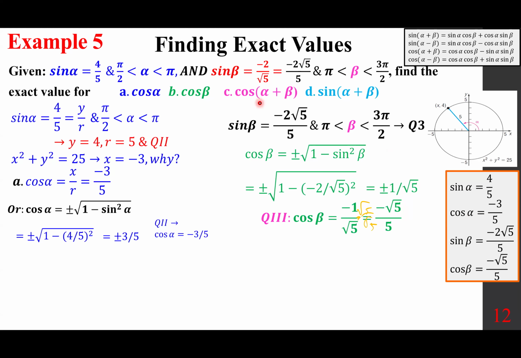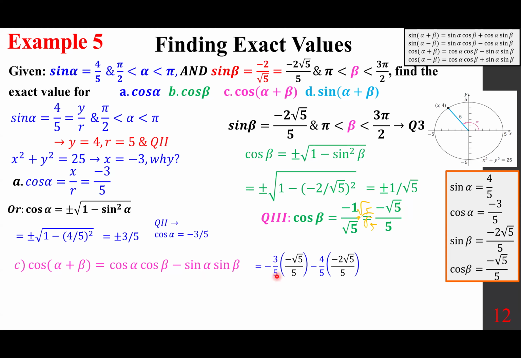So this is the summary of what we've done, and now we are ready to move on to the next one. Cosine of alpha plus beta is cosine alpha, cosine beta minus sine alpha sine beta. So plug in cosine alpha negative 3 over 5, cosine beta negative square root of 5 over 5, minus sine alpha 4 over 5, sine beta negative 2 square root of 5 over 5. So just plug in and evaluate.